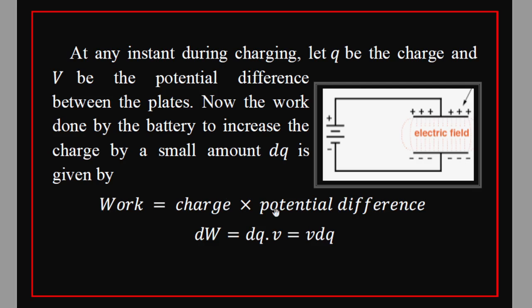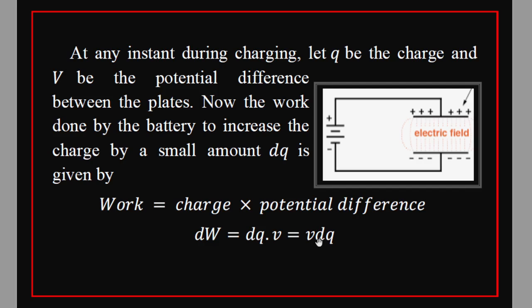This is the equation from electrostatics. Work done to move a charge through a potential difference is equal to charge into potential difference. So here a small amount of work done to move a small amount of charge dq through a potential difference v is dW equal to dq into v, or v dq.